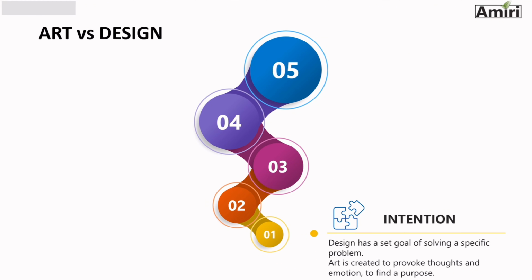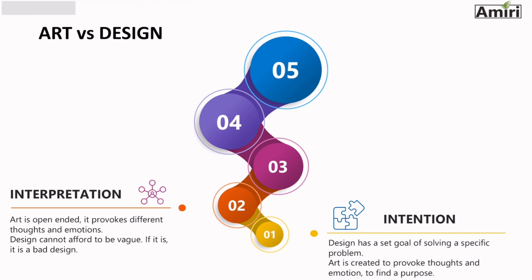When you design something in engineering terms, you have a set of goals and specifications that you're designing from. Either starting from customer requirements or engineering specifications, you have set goals and design targets to meet, versus art, which is created to provoke your thoughts and emotion, and often after it's created, it finds its purpose, and it could mean a lot of different things for a lot of different people.